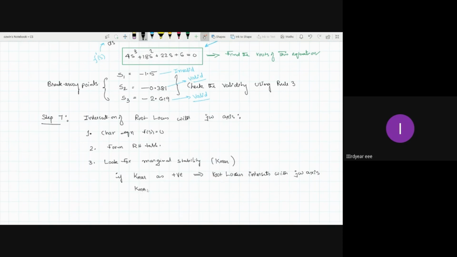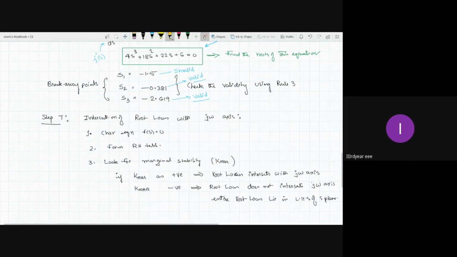On the other hand, if your marginal value of k is negative, then you can say that the root locus does not intersect the j omega axis, or in other words, the entire root locus lies on the left hand side of the s plane.